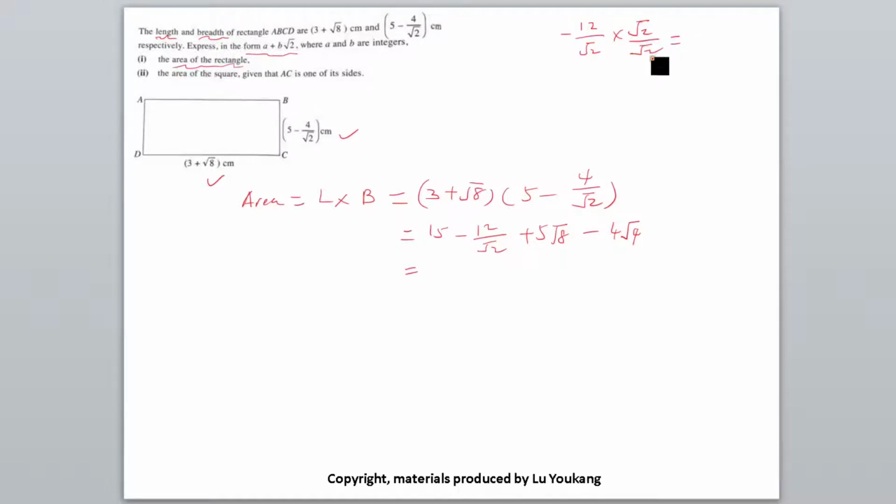So what I need to do is rationalize this term, which means I have to get rid of the square root in my denominator. So this is a way to rationalize minus 12 over square root 2, and I get minus 6 square root 2.